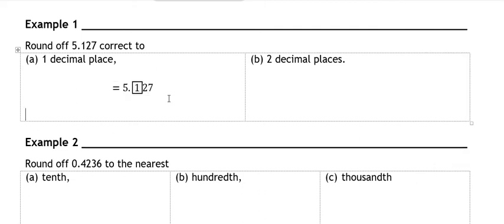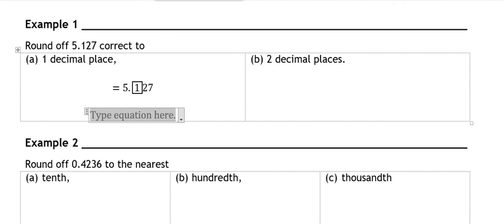So when you look back, don't forget that the digits on the left side of number 1 are not affected, so 5 point. And 1 here, is it affected or is it going to stay the same? It is going to stay the same because number 2 next to number 1 is 4 or below, so 5.1.